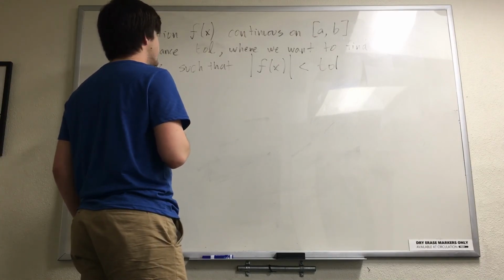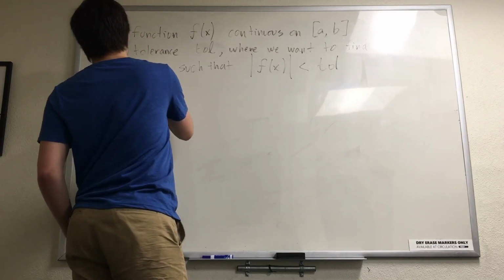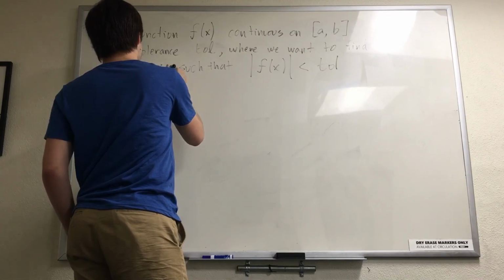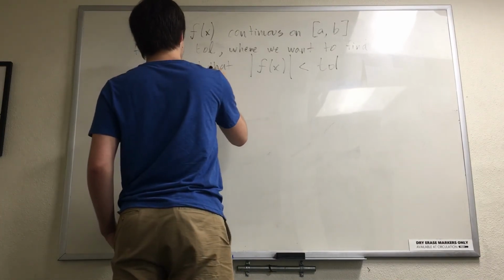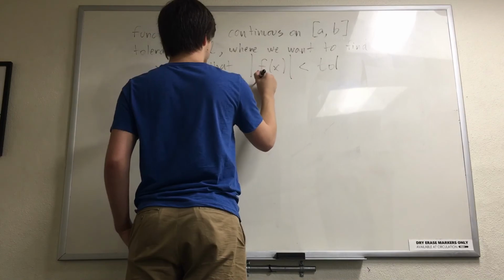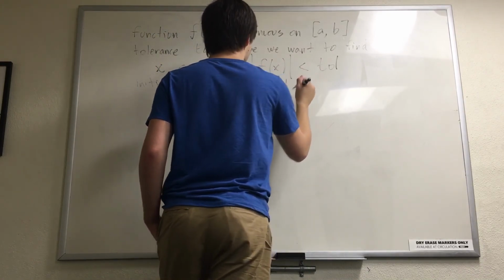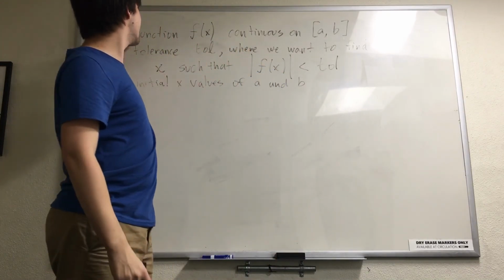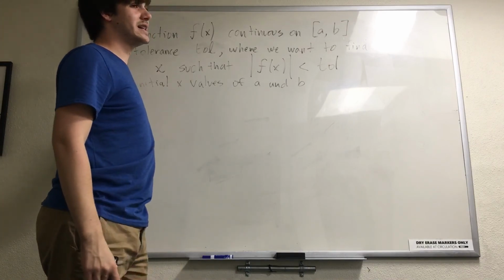And then we have our initial x values of a and b. Okay, so with all this knowledge, this will allow us to run bisection.